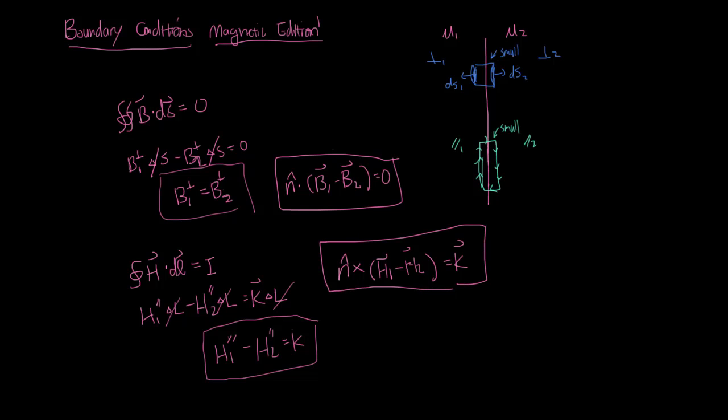Now, as a review, let's also recall what it ends up being in the case of the electric field. In the electric field, remember, it's a little bit different. Instead of being equal to 0, the normal component is going to be equal to what?